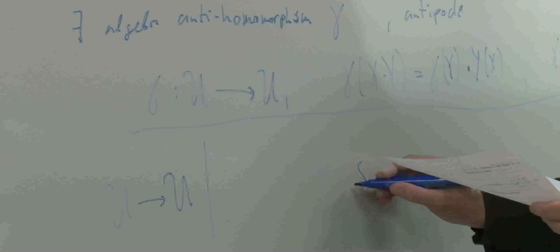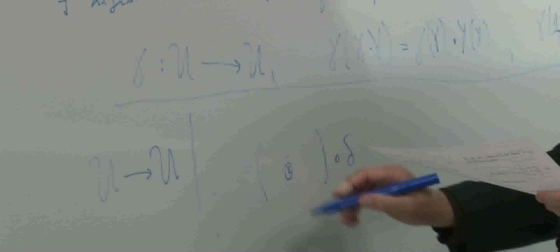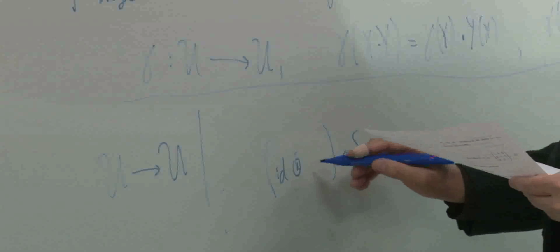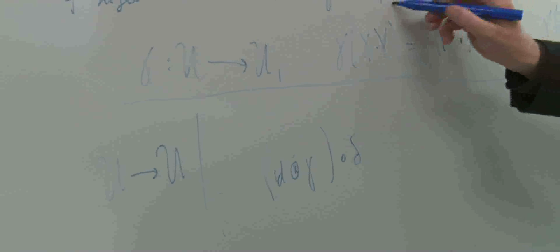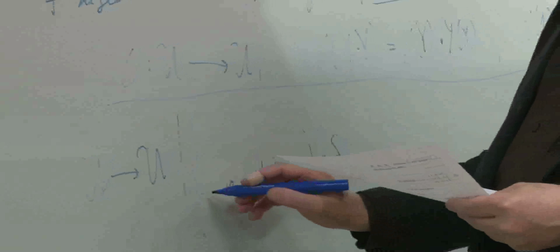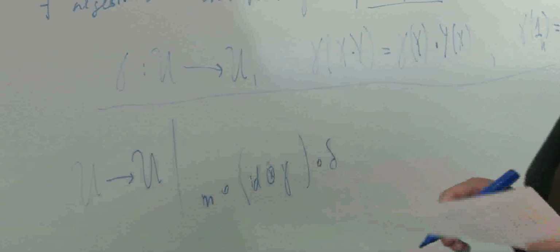On the left side you start with delta, so you go from U to U tensor U, and then on the first factor you apply the identity, and on the second factor you apply the new operation, the antipode, and then at the end you just put the ordinary multiplication.